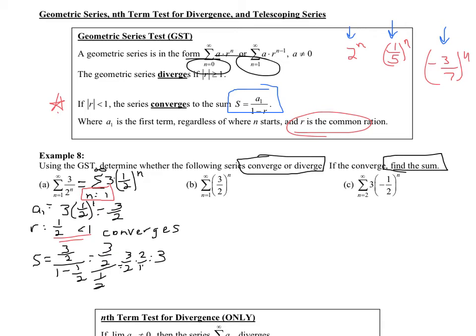All right, so this particular series, so therefore our series, write that a little neater, sorry, of 3 times 1/2 to the n converges to 3 by the GST.